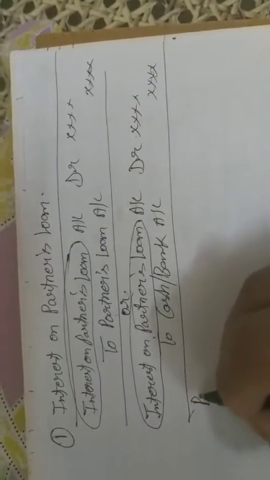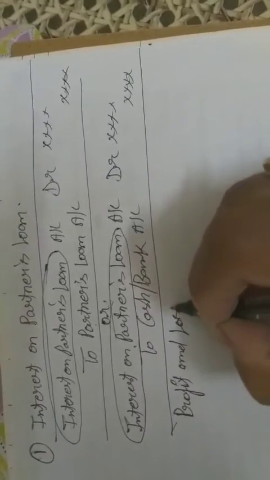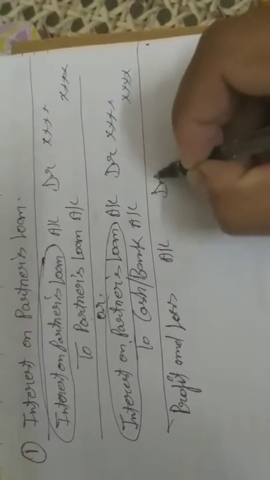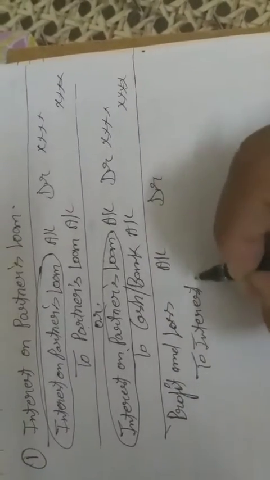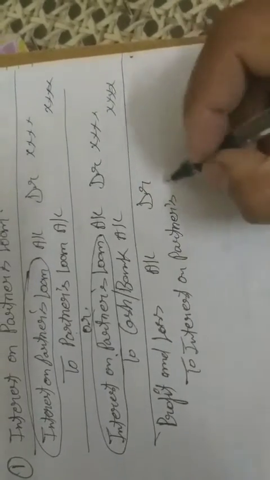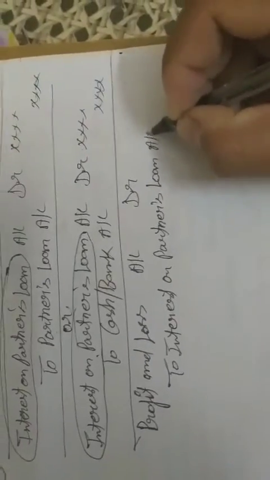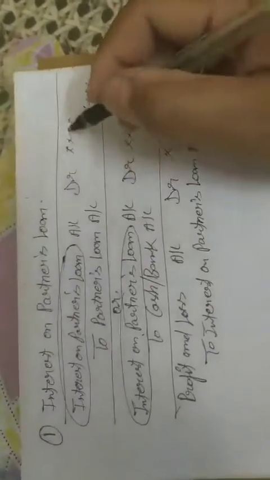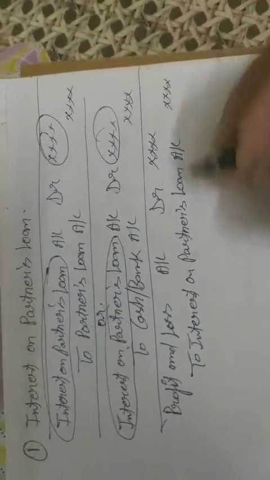When we transfer this to profit and loss account, the journal entry will be: profit and loss account debit to interest on partner's loan account. Is it clear? Whatever the amount is there, that amount is transferred to profit and loss account.